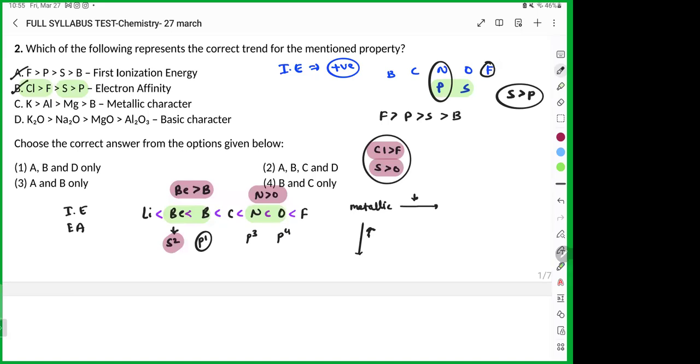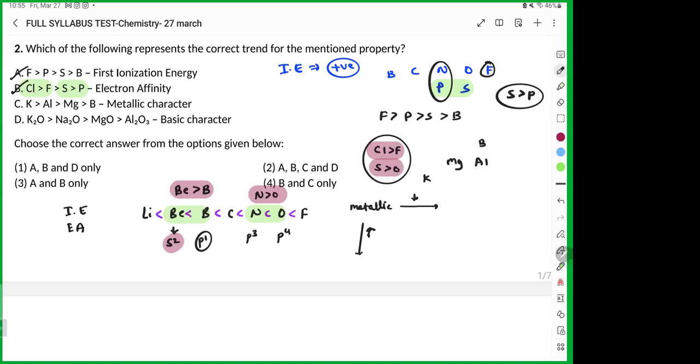One thing is that. Second, in this sequence, if you see what will happen, you have aluminium here, before that magnesium, above you have boron, and here you have potassium. So logically, you can say potassium has the most metallic character.